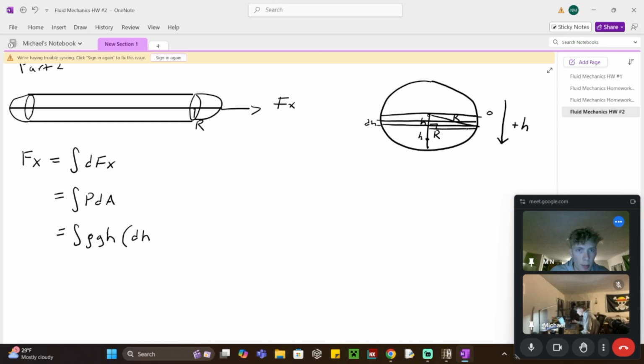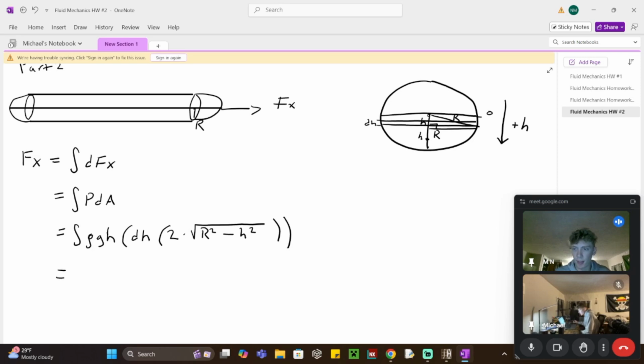So our width will be equal to 2 times the square root of R squared minus h squared. So this is our width, and this is our height to get our differential area.